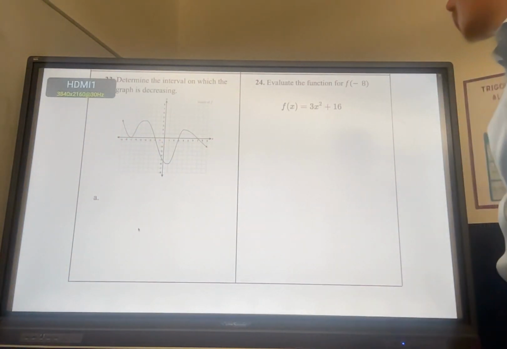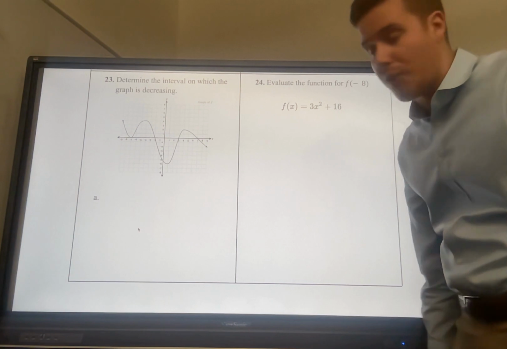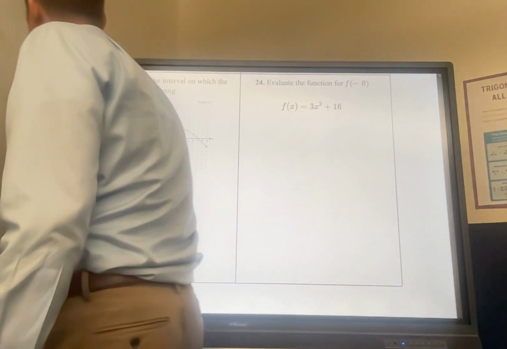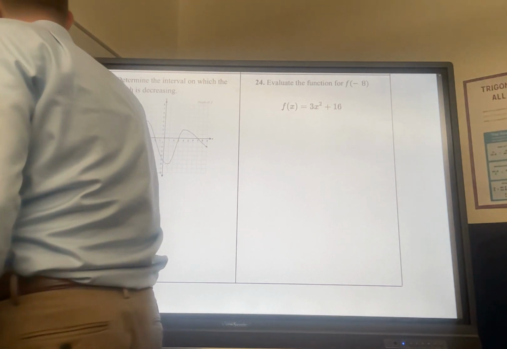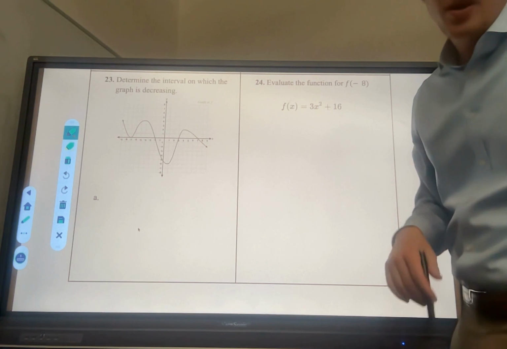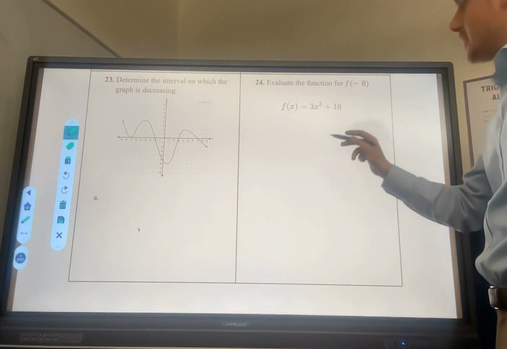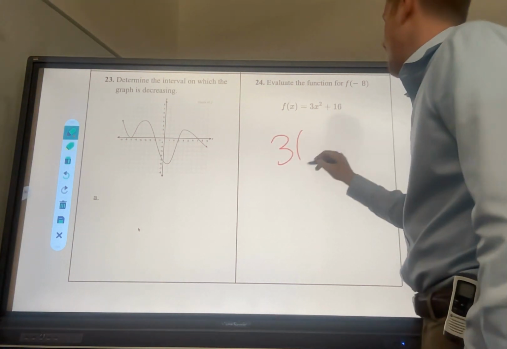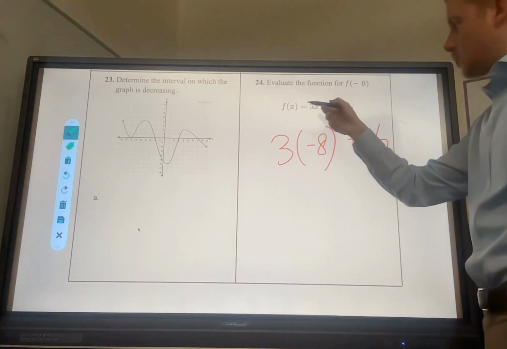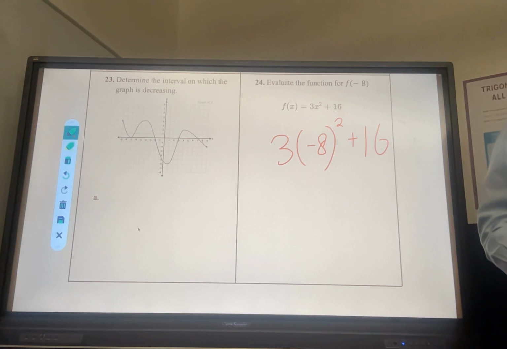All right. Question 24 is similar to some questions we've done before here. It says evaluate the function for f of -8. Y'all know the drill here. We're going to substitute -8 in for x. Okay, so I've replaced x with -8. Pretty simple. Again, y'all will have calculators, so y'all can type that in.